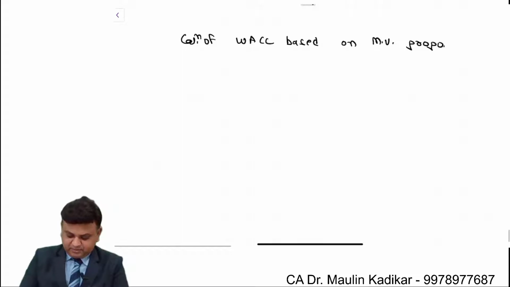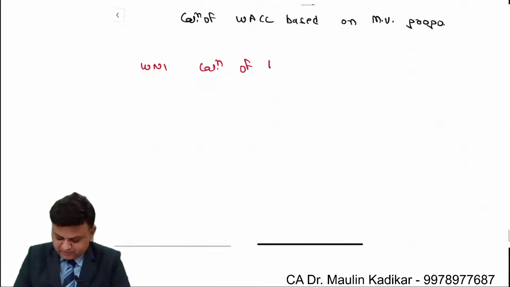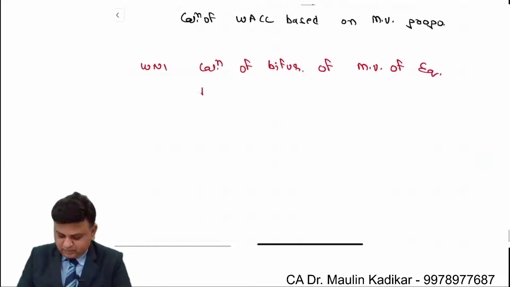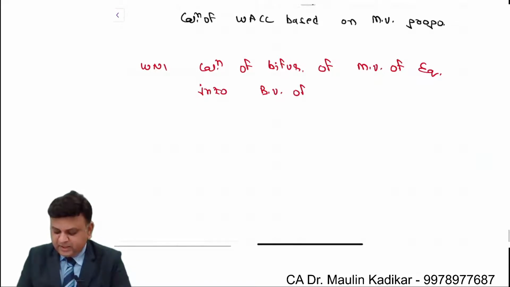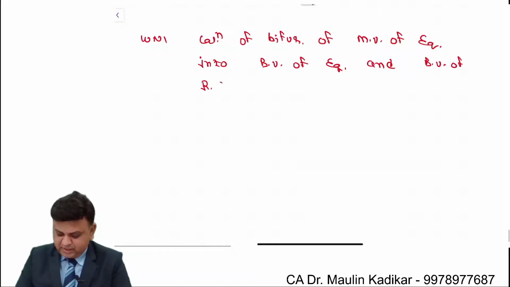In that, working note number 1: calculation of bifurcation of market value of equity into book value of equity and book value of retained earning.